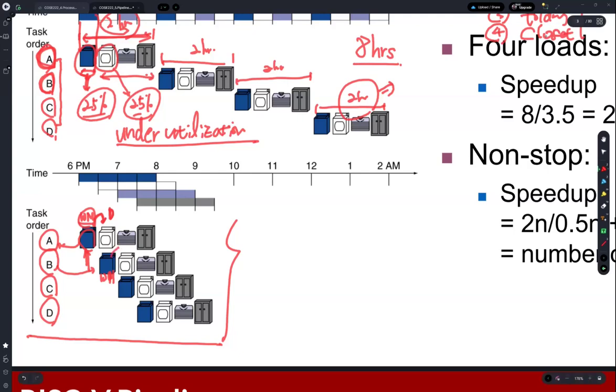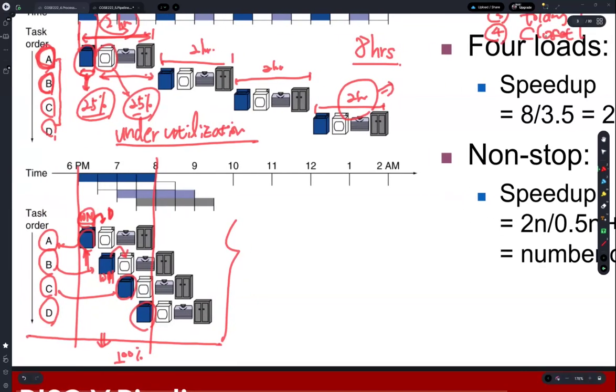And then after this task B is transferred to the dryer, we can also give the new task C to the washing machine, okay? So in this example, we can observe that the utilization is higher, right? For these 2 hours, actually we can always use the washing machine. So the utilization of the washing machine is 100%, right? The hardware resources are not wasted.